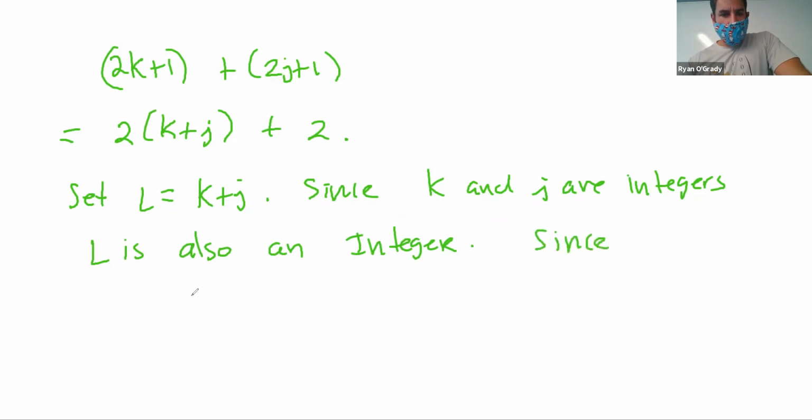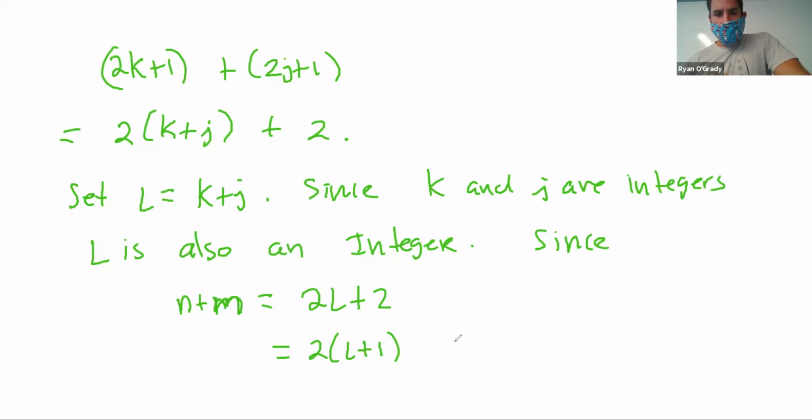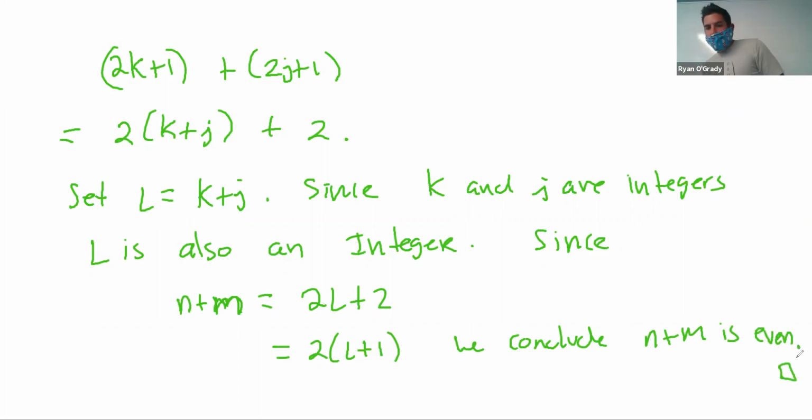And then since n plus m equals 2L plus 2, which can also be written as 2 times L plus 1, we conclude n plus m is even. And that is the proof. We showed that n plus m is 2 times an integer.